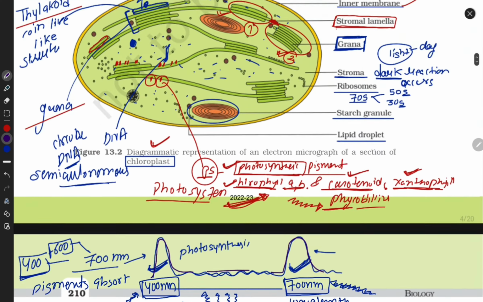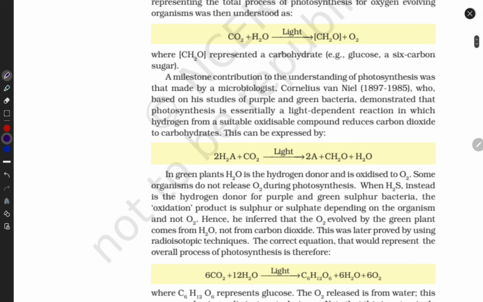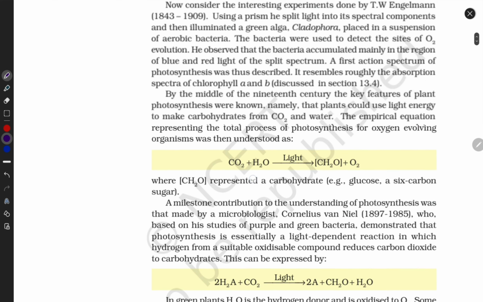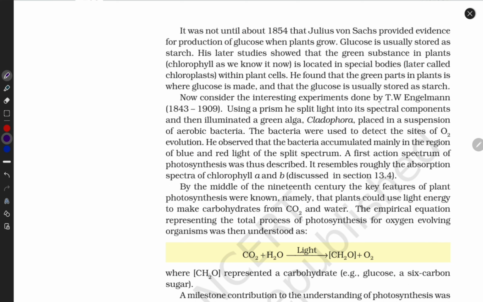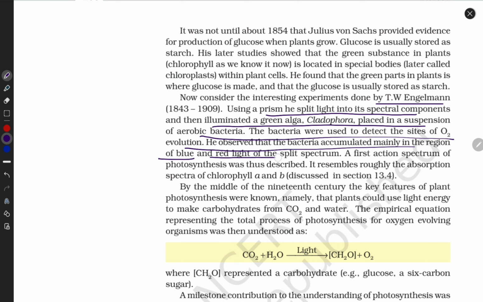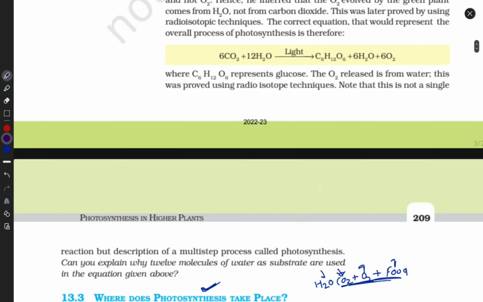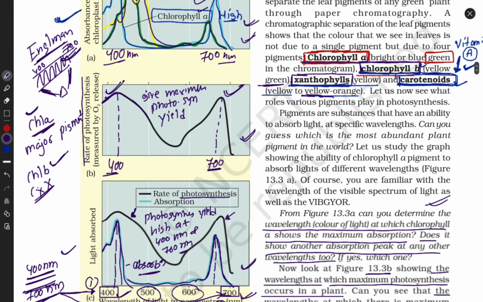Look at here, T.W. Engelmann. He showed in his experiment that blue and red light of the split spectrum have the highest absorption. He showed that the highest absorption of energy is seen in the blue region and the red light region, red and far red region. They explain the absorption level of plants. They already proved this.